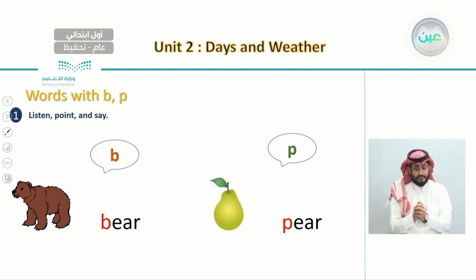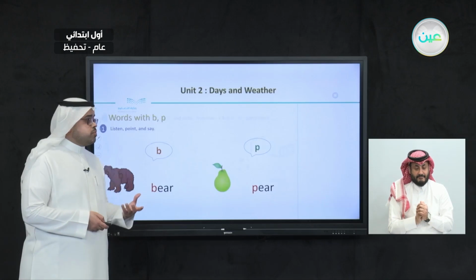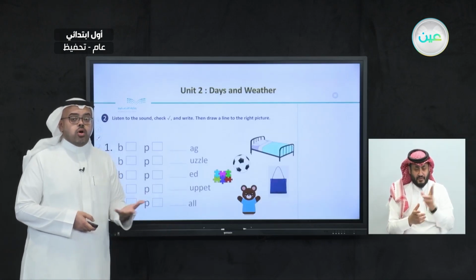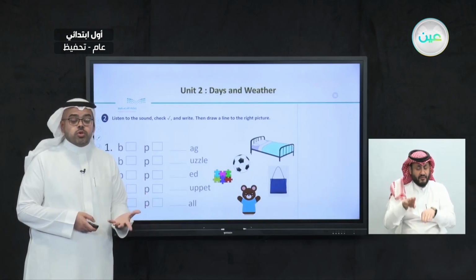So here you go. We have two words. The first one starts with the letter B, bear, and the second one with the letter P, pear. And now we're going to practice more of these words so we can know more differences between them.